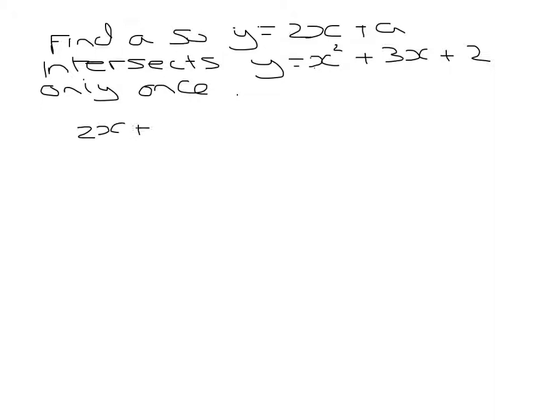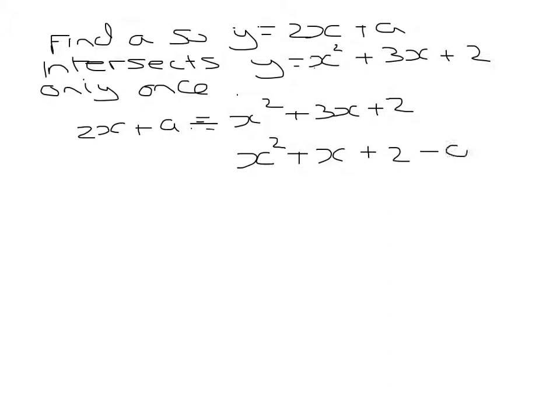So 2x plus a is equal to x squared plus 3x plus 2. And again, make it all equal to 0. So x squared, now 3x minus 2x gives me x. And then we've got plus 2 minus a.